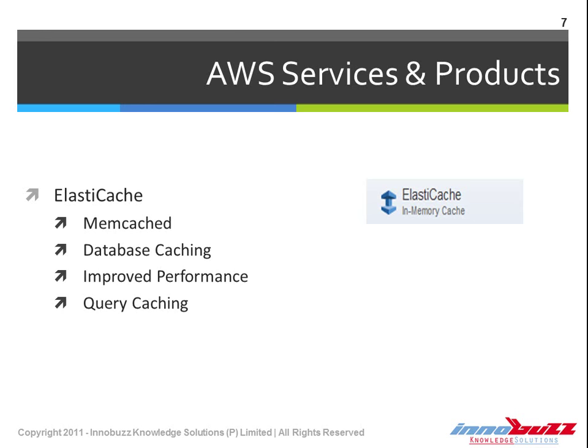It works by creating a database cache. The queries or transactions which come between the database and the web server are cached using memcached, and from there the same queries will be answered, which automatically results in improved performance. In Elasticache, what happens in the background is that it caches the queries or transactions between the web server and the database server.